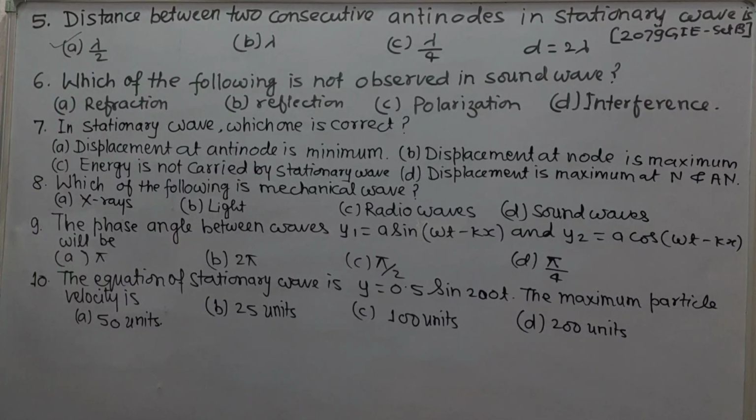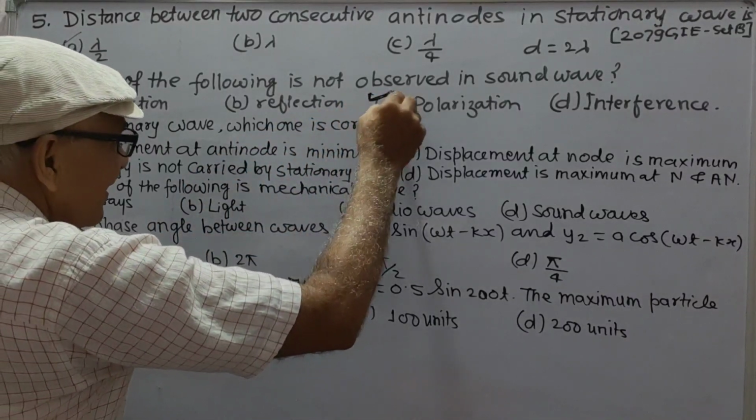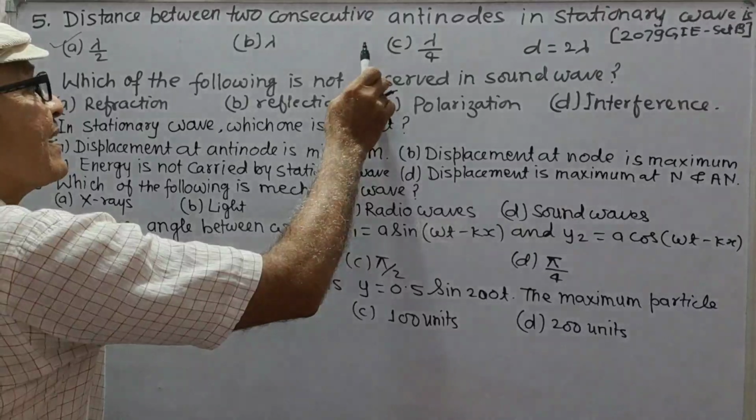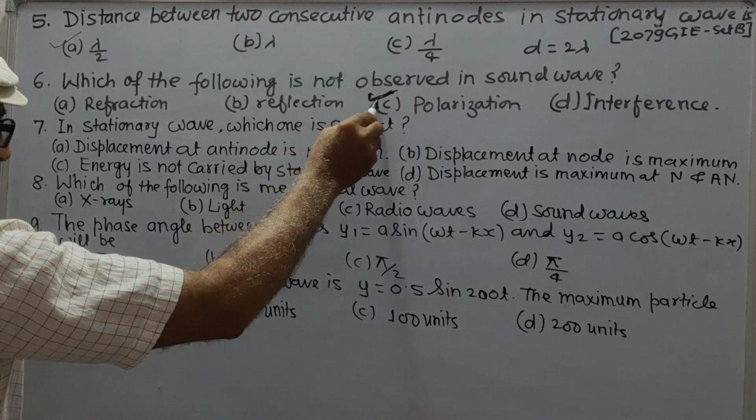Which of the following is not observed in sound wave? Refraction, reflection, polarization and interference. Because polarization needs transverse waves and sound waves are longitudinal waves, therefore polarization is not shown by sound waves. So the correct option will be C.